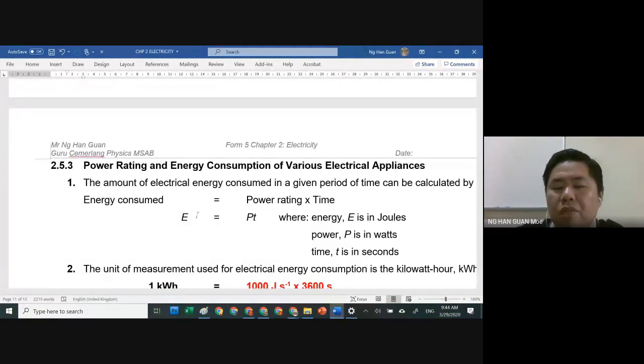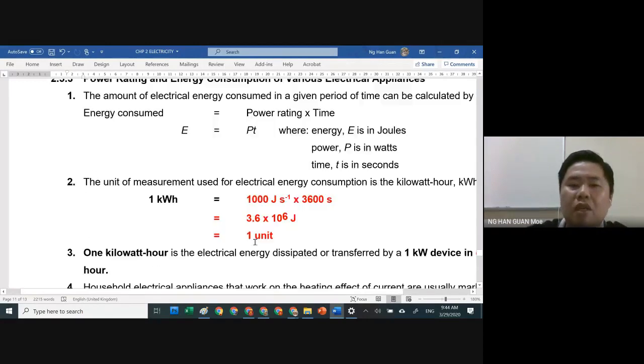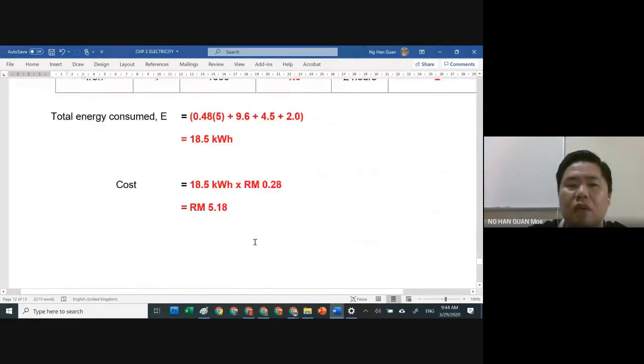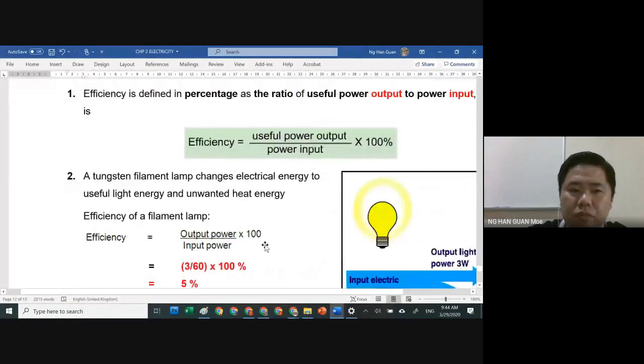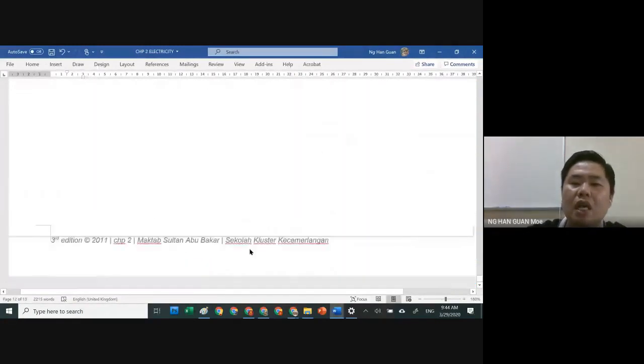What is meant by the first 200, 300 units, next 100 units? Actually you already have the basics from what you read in history. But anyway, coming to KBSM physics, we still continue to study this, energy cost and also efficiency. After that, we finish chapter 2.